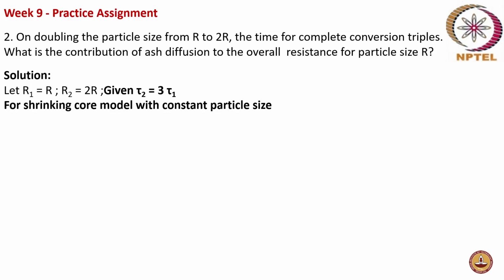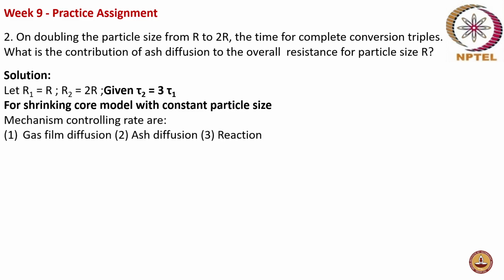So now let us assume a shrinking core model, and since they have asked for ash diffusion, we can also take that the particle size is going to be constant, only the unreacted core is going to shrink. So it is going to have some non-flaking thick ash layer. The mechanisms controlling the reaction rate can be gas film diffusion, ash diffusion and reaction. So three mechanisms control the reaction.